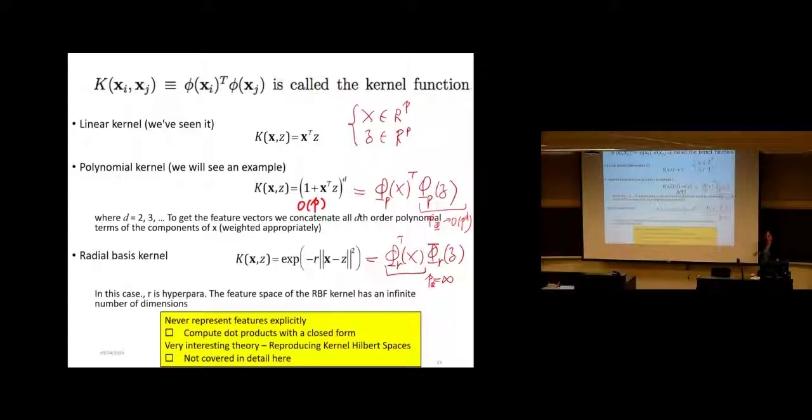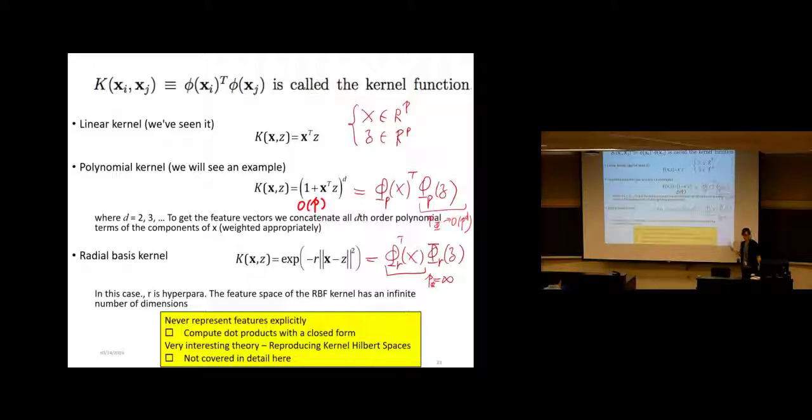There's another one, much more interesting, called the RBF kernel, which is this form. In fact, this is extremely simple, right? It's also O(p). So what is the cost? x minus z, element-wise minus, then take the length squared, which has a computation cost of still O(p).